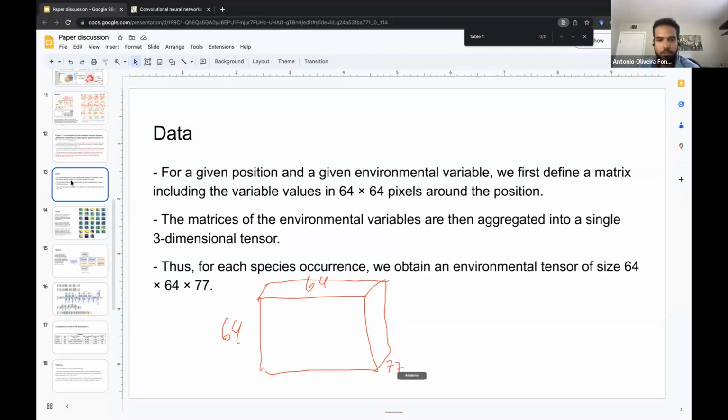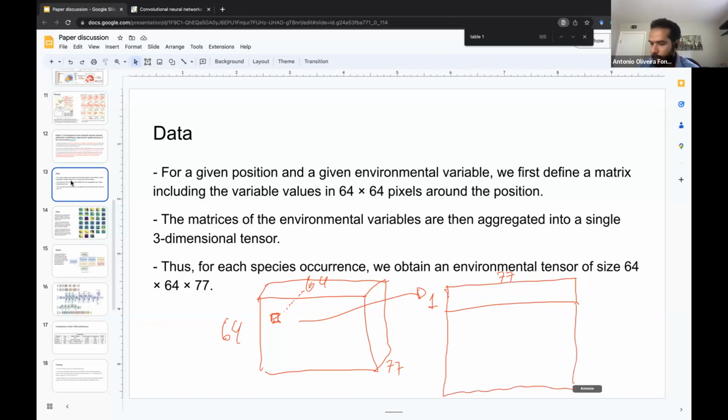77 variables, right? One way I could potentially predict whether there is a species in that location or not would be to get the information that's spanning over all the 77 layers, and export this location as one big vector that's 1 by 77, right? If I have several samples like this, let's say I sample several little squares over all the maps that I have, then I have observations by features, right?